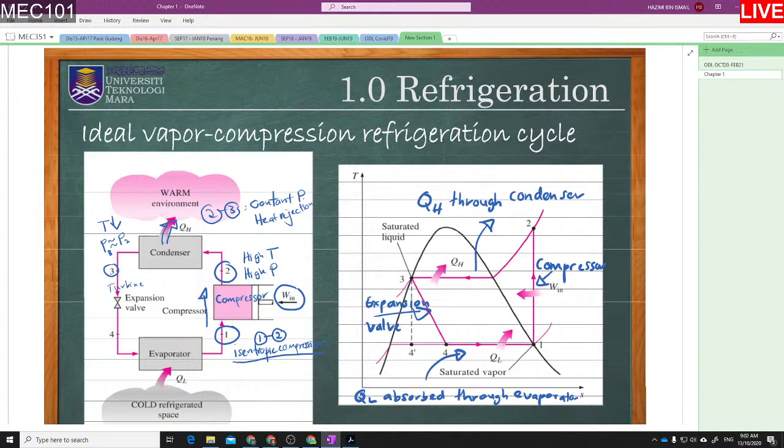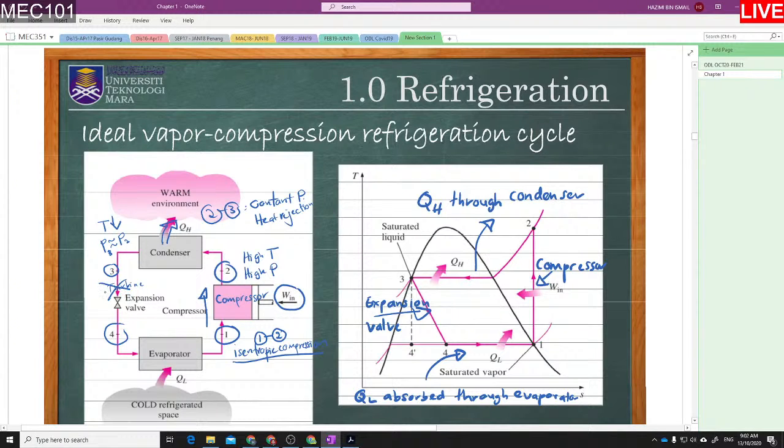So why not replace the turbine with an expansion valve, because here we just want to reduce the pressure. The turbine gives a little work output to increase our efficiency, but it's not worth it compared to the cost. So we don't need the turbine.